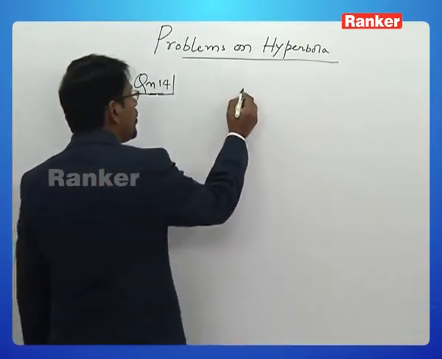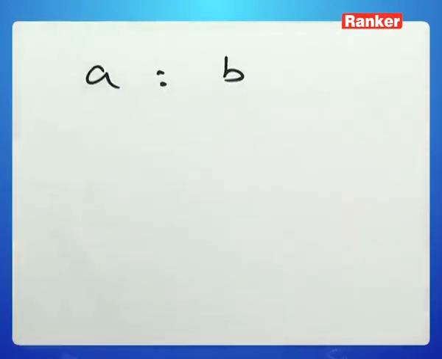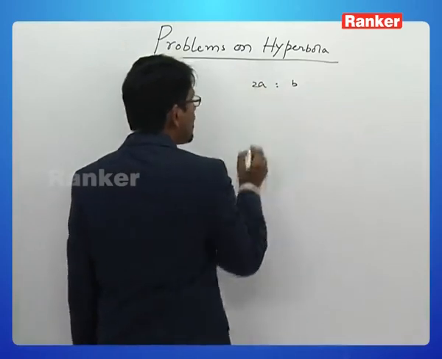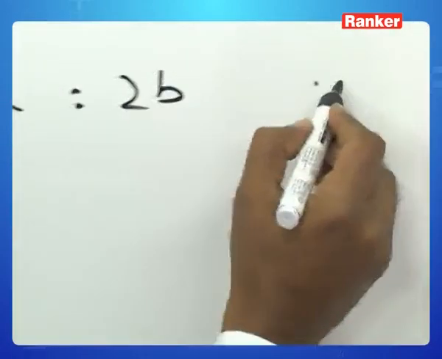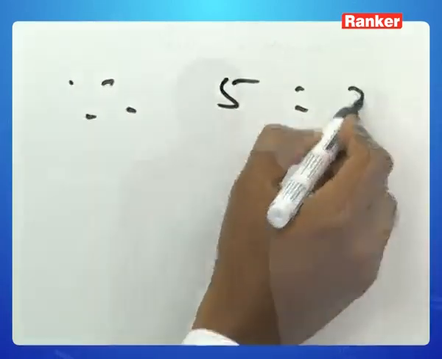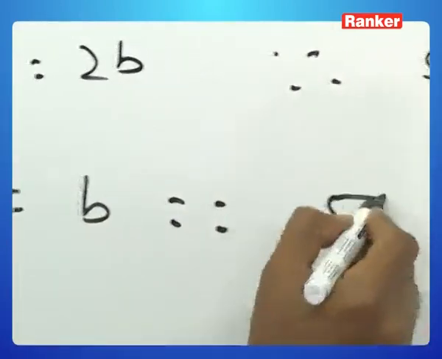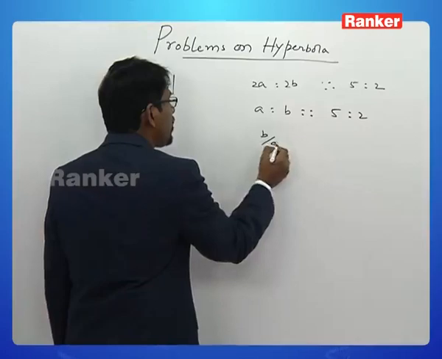Look at this. We are given the ratio of the transverse axis to the conjugate axis. What's the length of the transverse axis? 2a. What's the length of the conjugate axis? 2b. That ratio is given to be 5:2. So I can even write it as a:b is 5:2. In other words, b by a is equal to 2 by 5.